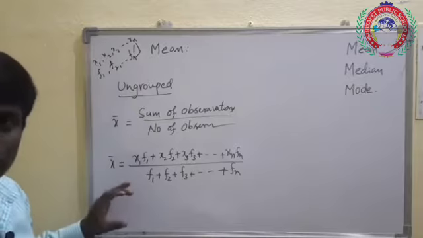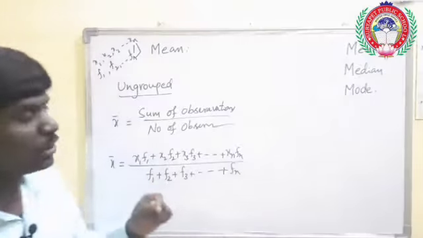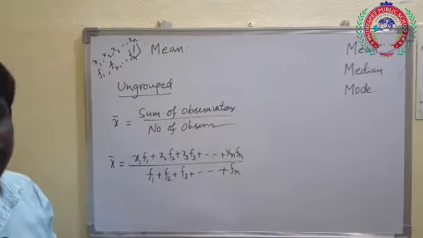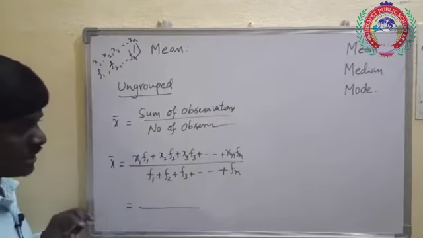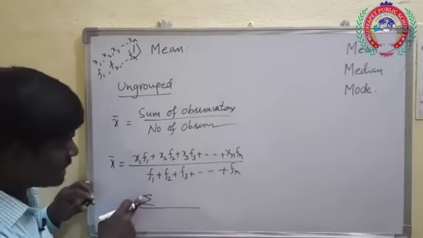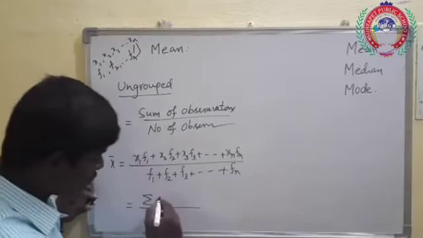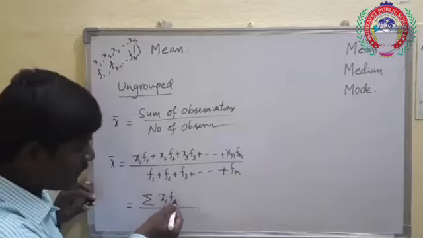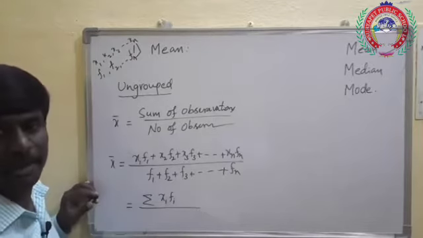Friends, this is also ungrouped data only. Here along with observations they have given frequencies. When we solve one problem, then you can understand every concept and every formula. So how can we write this in notation? Sigma, summation, is the symbol used for addition. So sigma, every observation is multiplied with its frequency, so let us take it as xi fi, where the subscript i refers to the observation number.